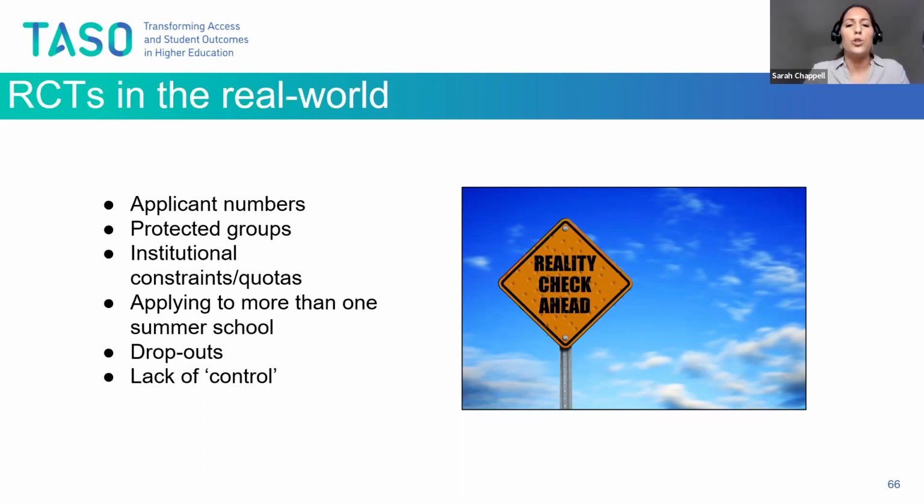And we can also track what they're doing, again, using the Higher Education Access Tracker. Using HEAT, we can see, okay, did our control group actually access a lot of other outreach activities which may have informed their decision to apply to HE? And it's things that we can factor in to our interpretation of the results as well. So it's important that we collect that data.